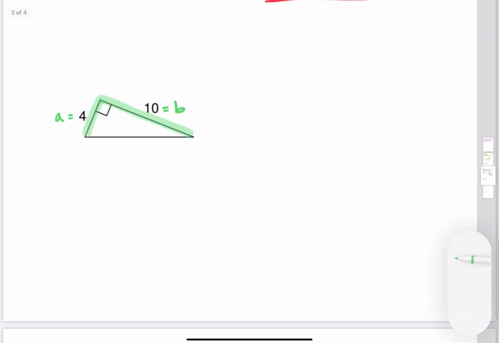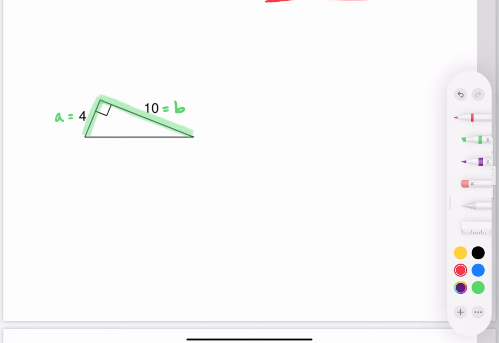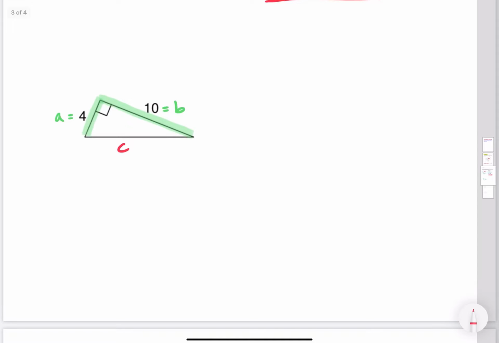The one that does not touch that right angle is our C value, also known as the hypotenuse. The hypotenuse is always the longest side, always opposite the 90-degree angle, and it never creates that right angle.